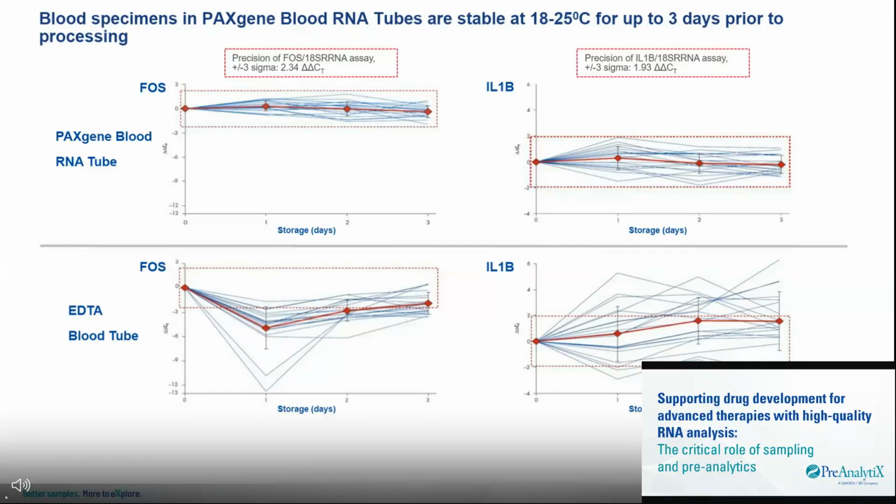In case of FOS, we see induction indicated by negative delta-delta CT values. For interleukin-1 beta, we see a different behavior. We see induction, negative delta-delta CT values, but also positive delta-delta CT values. This means loss of transcripts during the period of storage.